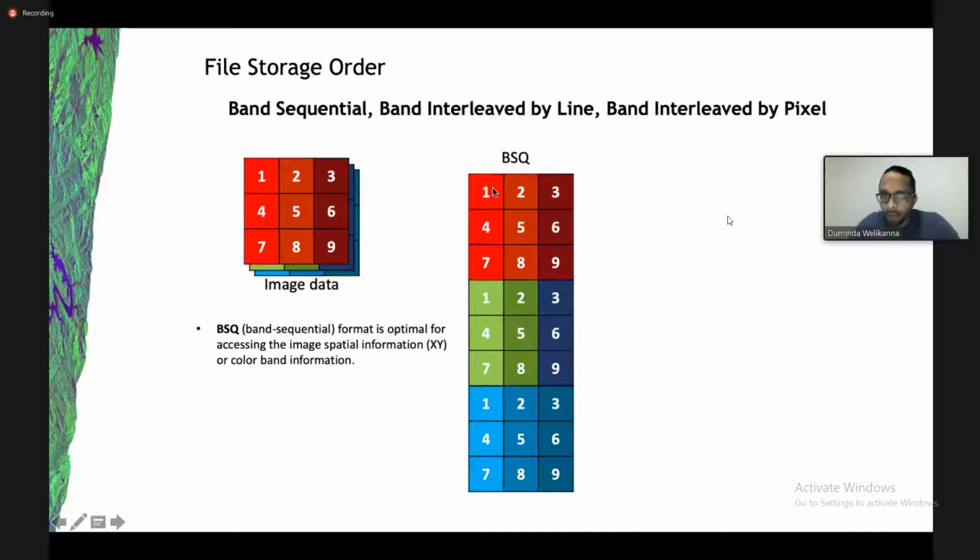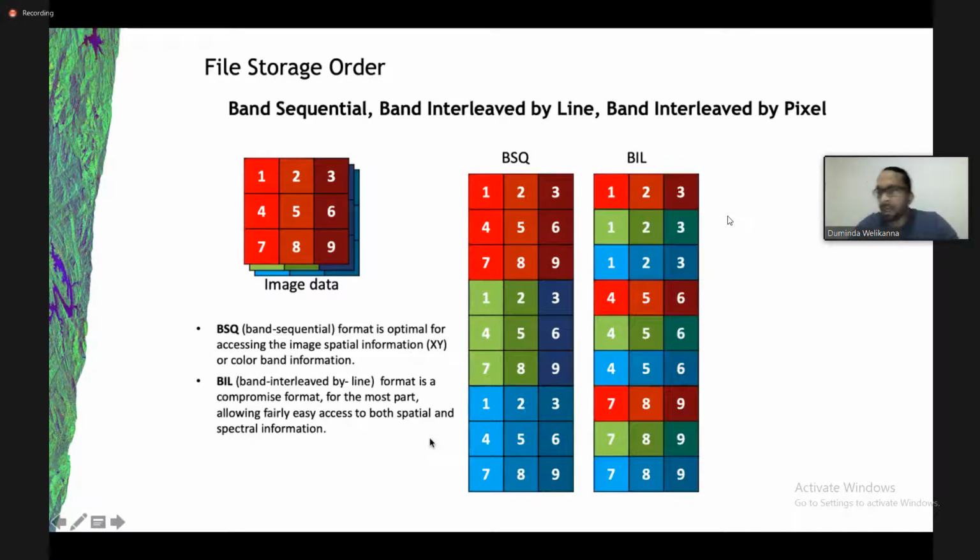That means the first row of the red image, 147, and then continuously the first row of the green image, the first row of the blue image, and then it goes to the second row of the red image, the second row of the green. Likewise, it goes. That is basically band sequential, right? And there are advantages and disadvantages of BSQ.